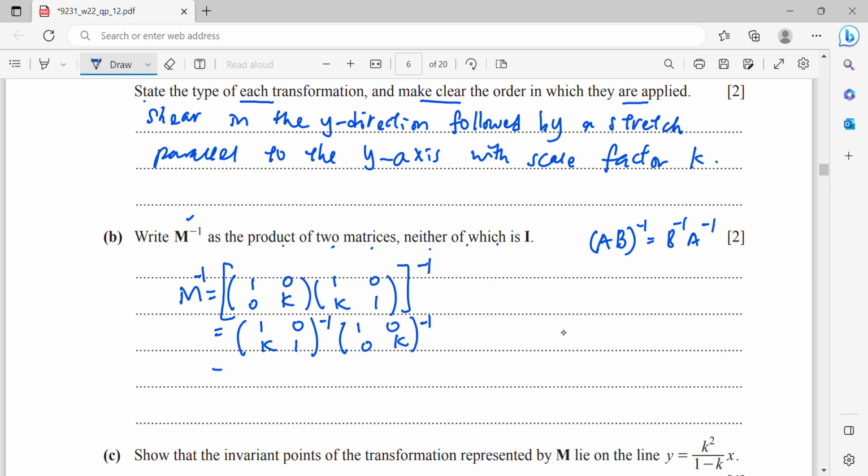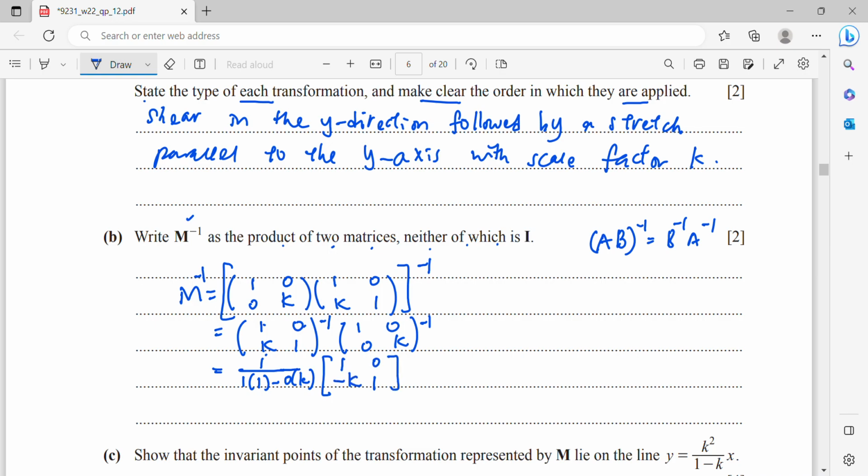So to get the inverse matrix, the determinant is 1 times 1 minus 0 times k. Then you need to swap: swap the diagonal 1 and 1, and for the 0 and k, you multiply by negative.